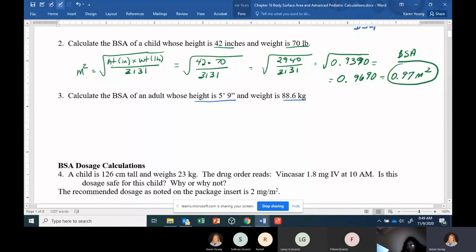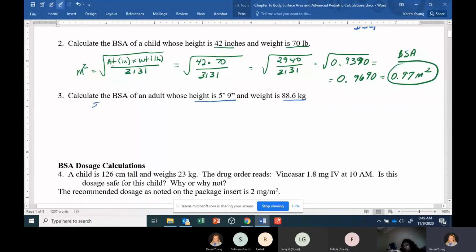So I either have to convert the height to centimeters or convert the kilograms to pounds. I think I'm going to convert the kilograms to pounds.